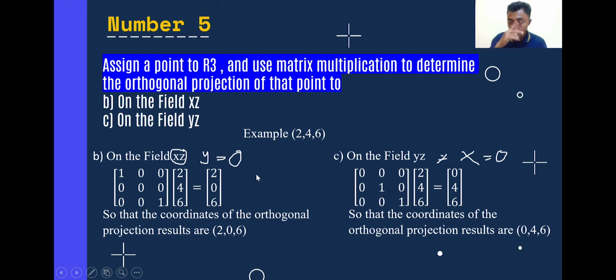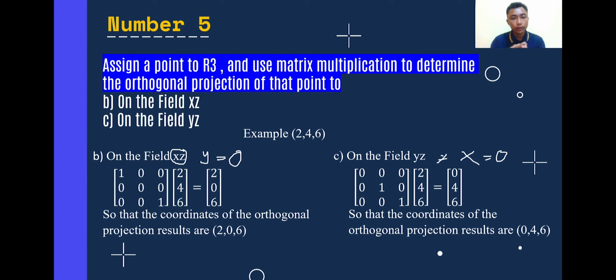Maybe I will use bahasa. Jadi secara mudahnya, ketika kita melihat seperti ini kepada bidang xz, kita akan membuat y nya akan menjadi 0. Jadi bisa dibilang di R3 itu kan ada 3, x, y, dan z.